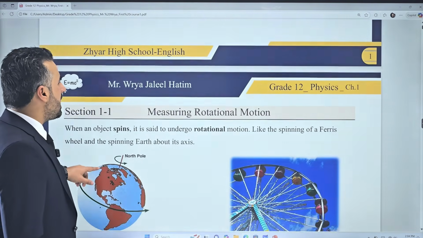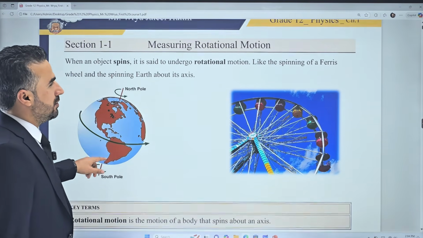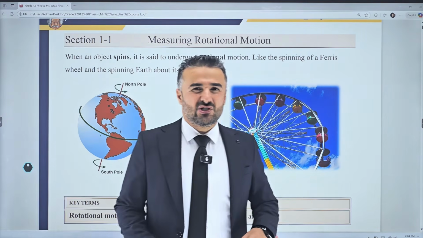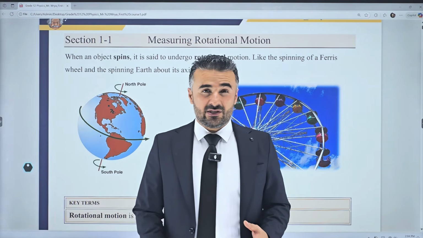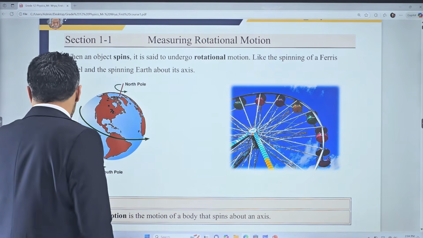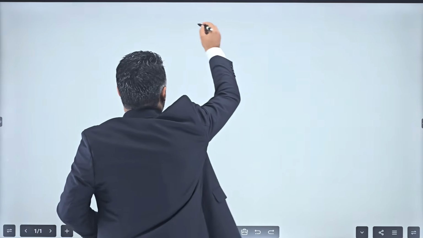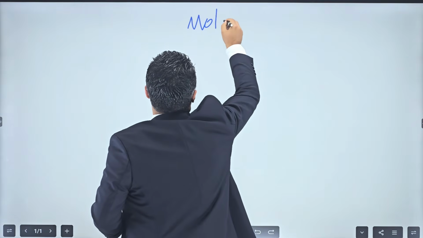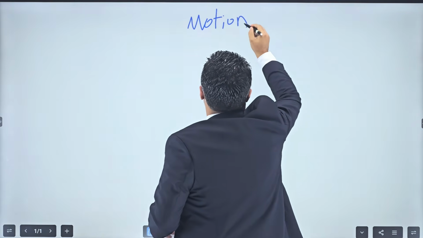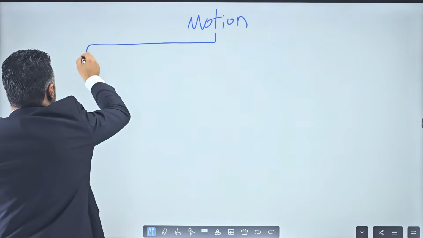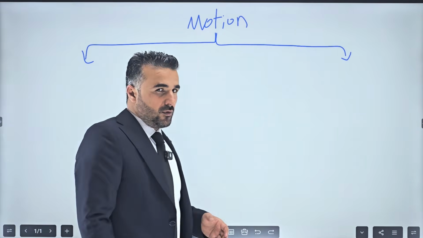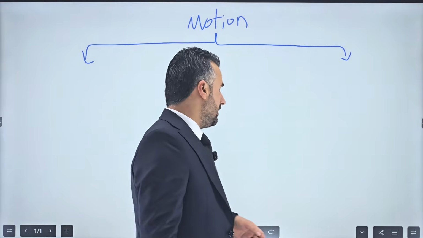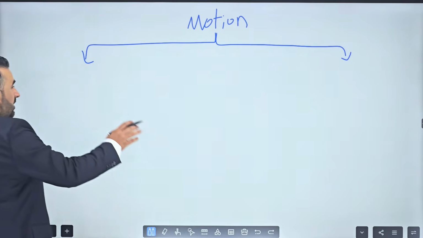Now, the first thing that we have is measuring rotational motion. Before starting with this, I would like to tell you a little bit about the types of motion that we're going to study this year. Of course, there are different types of motion, but we only focus on 2.